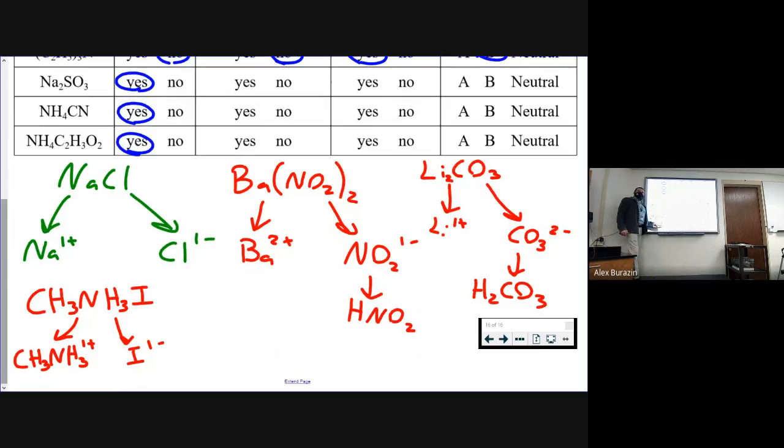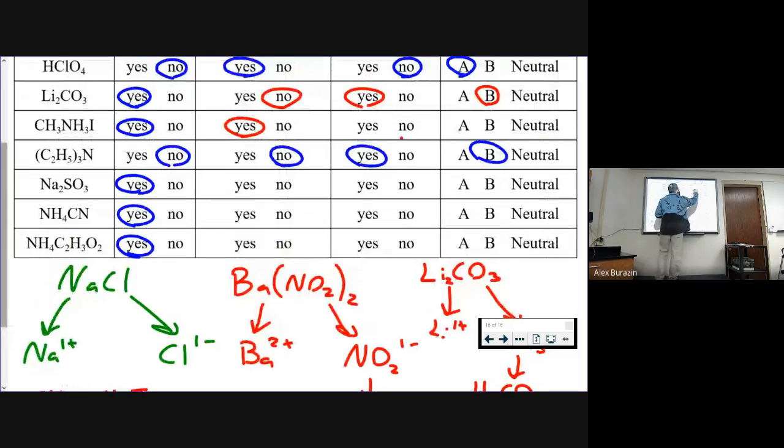What acid did iodide come from? Hydriodic acid. Strong or weak? If hydriodic acid is strong, what does that tell us about iodine? Neutral. And overall, then, my salt is acidic.